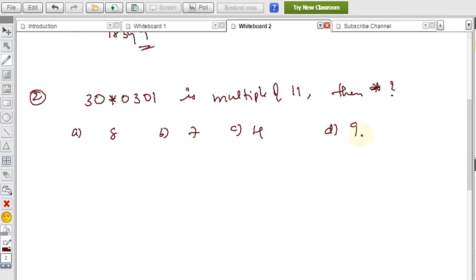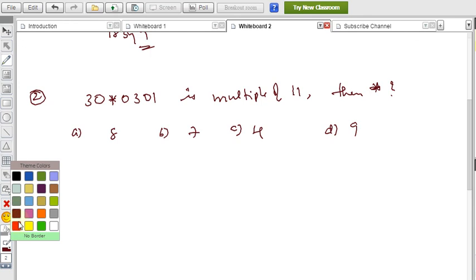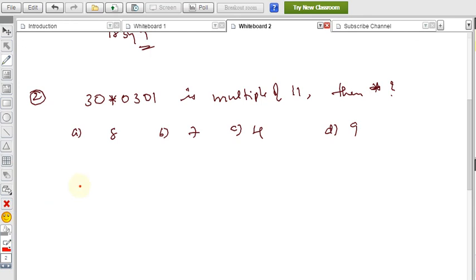The rule for 11 is that the difference of the sums of the even and odd places should be either 0 or a multiple of 11. So I'll explain it. If you know the rule for 11, you can understand this. 3 0 star symbol 0 3 0 1. So alternate numbers we need to add.